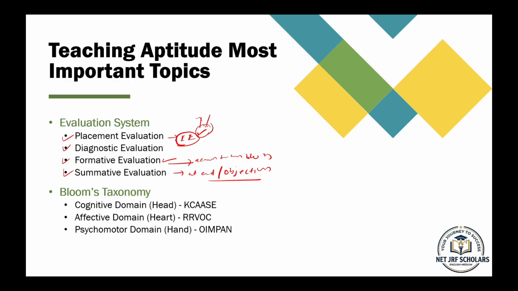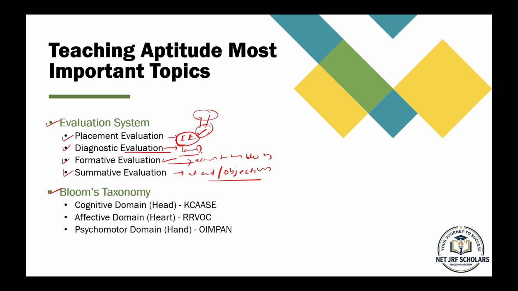Based on the knowledge, whether he has to get into one particular college or a course. That is placement. Diagnostic: what are the flaws or problems with the student, to diagnose the problems with respect to learning. Okay, these are the four evaluation systems.